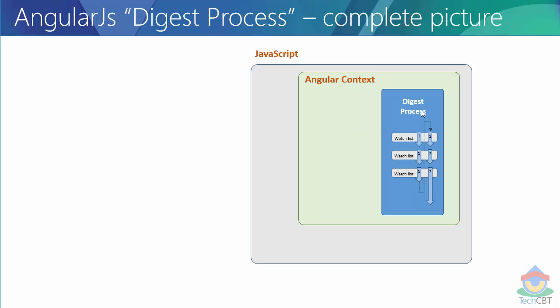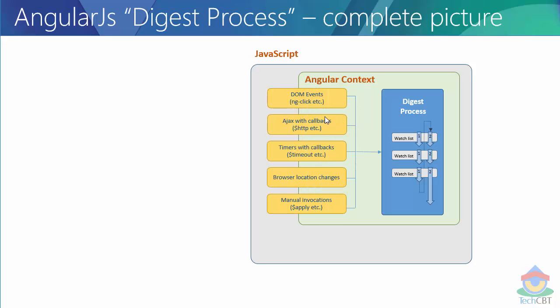And that digest process will be always kicking in based on the events which happen as part of your application. And those events could be any DOM events, like if you actually provide ngClick or something, those DOM events can actually kick digest process. So if you happen to have your ngClick written, you should understand after the ngClick execution, it is going to have the digest process to be automatically kicked in.